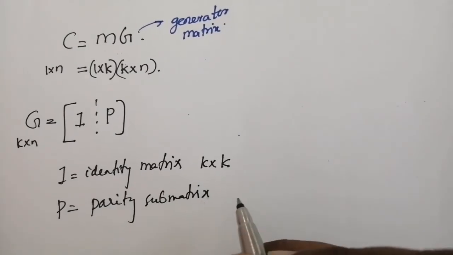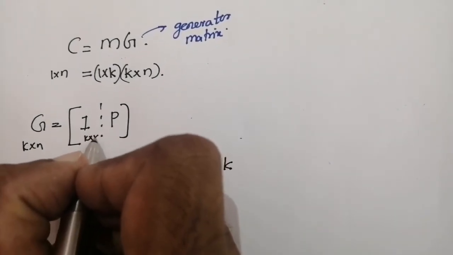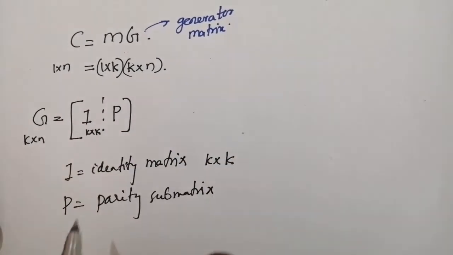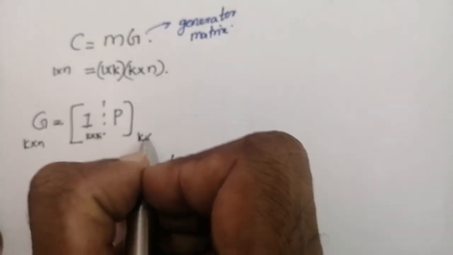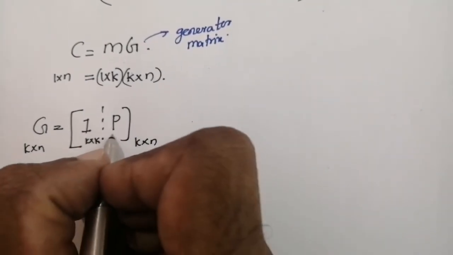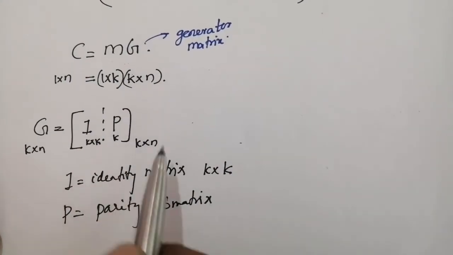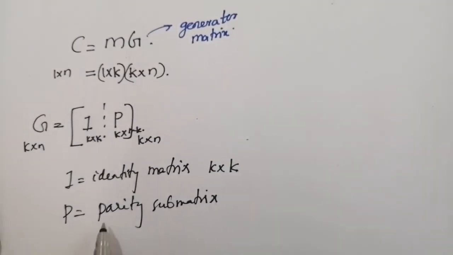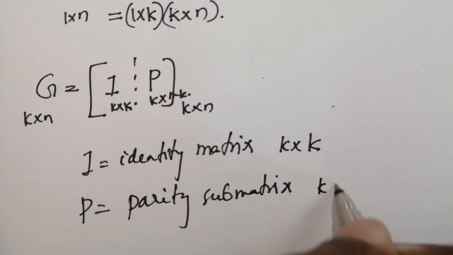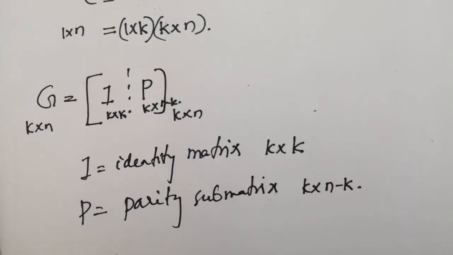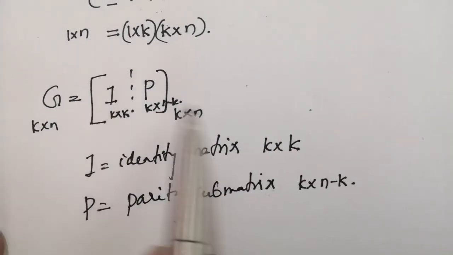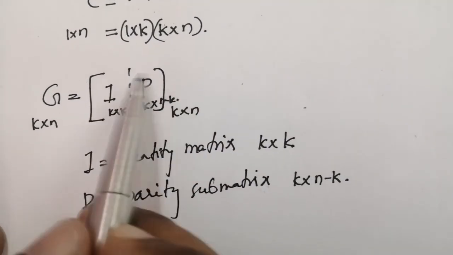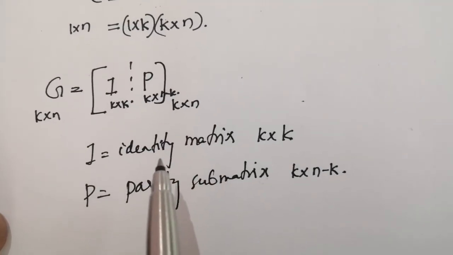There are k rows and k columns in I. Now, what should be the dimension of P? The total dimension is k by n, so obviously the number of rows will be k. And how many columns should remain? That will be n minus k. So the parity submatrix has a dimension of k by n minus k. That is, there are n columns in total: k columns plus n minus k columns gives you n columns.